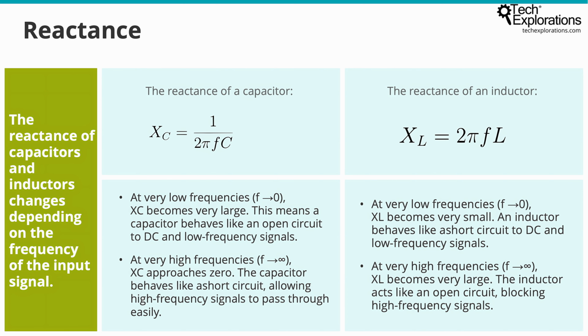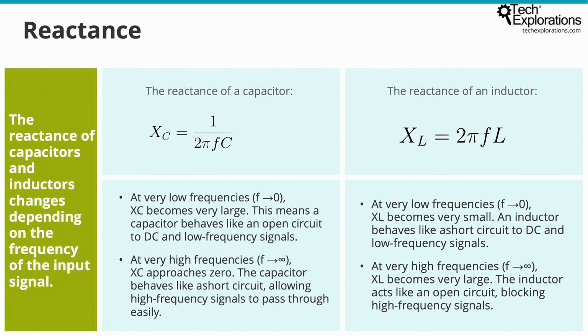On the other hand, at very high frequencies where f approaches infinity, X_C approaches 0, and the capacitor behaves like a short circuit that allows high frequency signals to pass through easily.